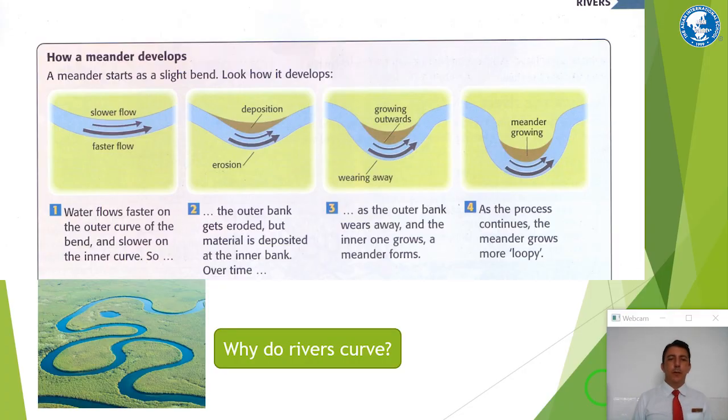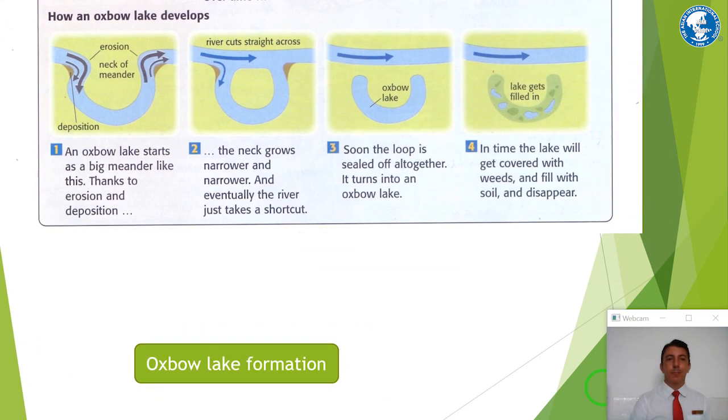So that was a meander, which leads us to an oxbow lake. So the oxbow lake is a continuation of a meander. So it begins as a big meander, like this, picture 1. Now, thanks to erosion and deposition, the neck of the meander grows narrower and narrower, and eventually, the river just takes a shortcut.